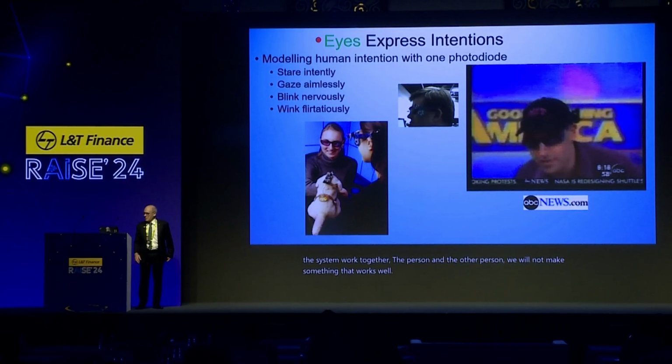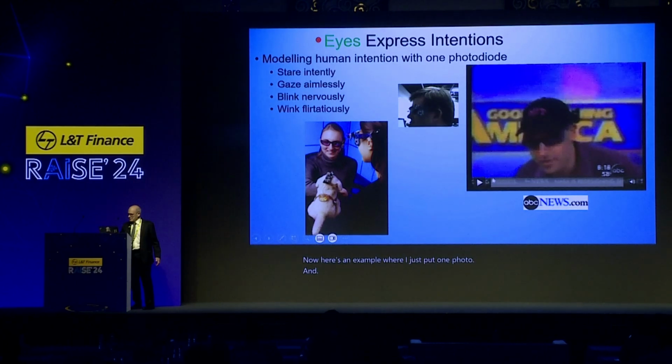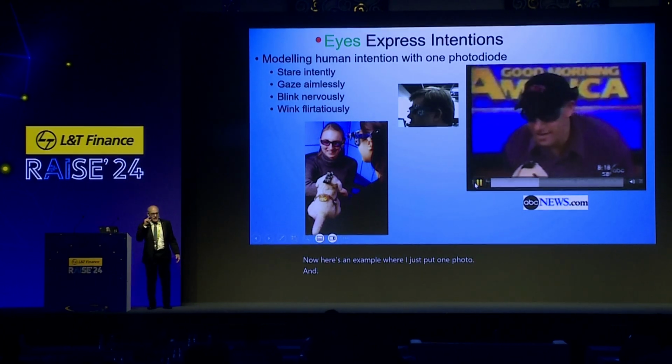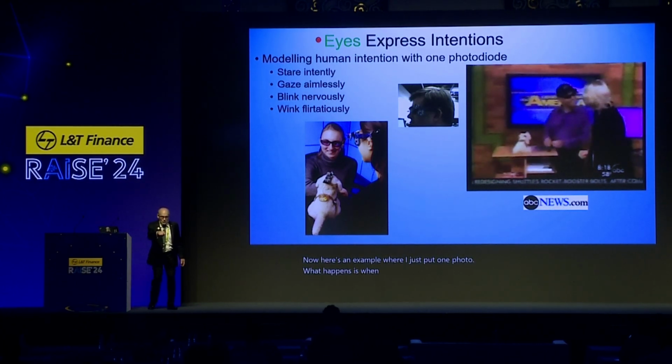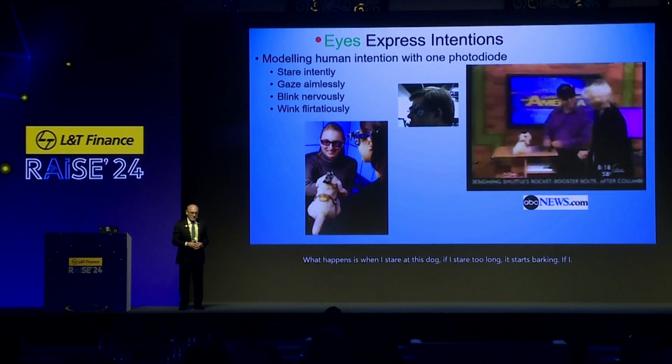Now, here's an example where I just put one photodiode looking at my eye. What happens is when I stare at this dog, if I stare too long, it starts barking. If I stare at another person, they get my business card. If I blink nervously, it knows that I am not interested in something.